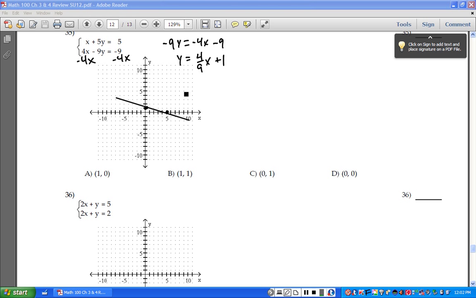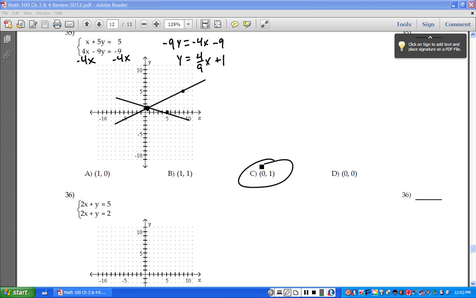Alright, up 4 over 9 would be about right here. When you make that line, something like that. And although it's not perfect, what you should find is that the point they have in common, where they intersect, is right here, and that point is 0, 1.